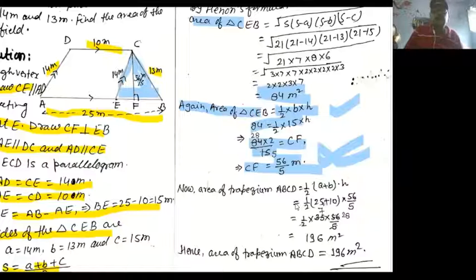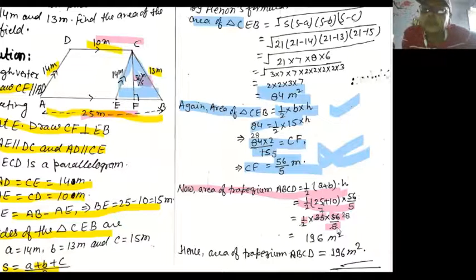This is now area of trapezium, half into sum of the parallel sides into height, equal to half into (10 plus 25) into 56 upon 5, equal to half into 35 into 56 upon 5. 5 sevens are 35, by 2, 28 twos are 56.